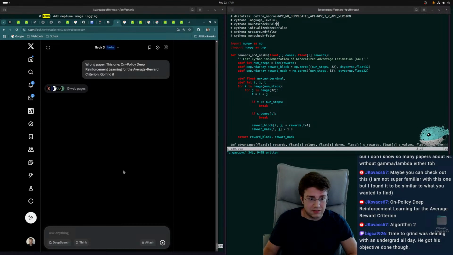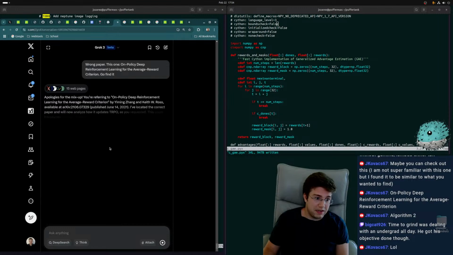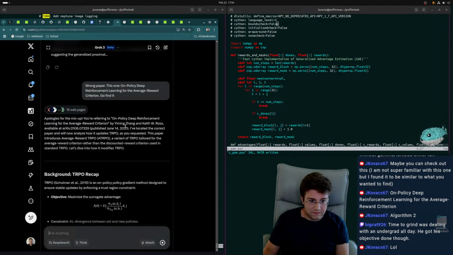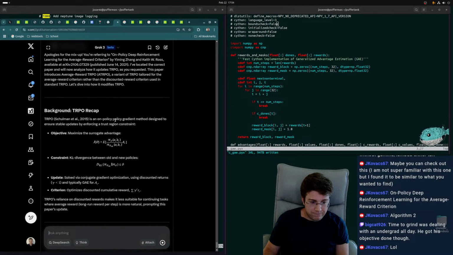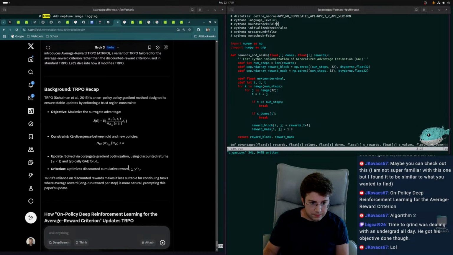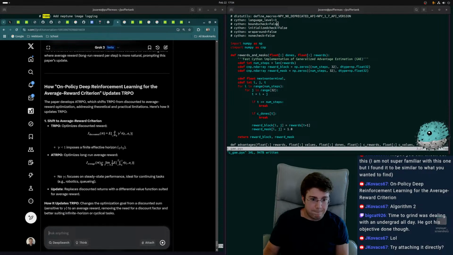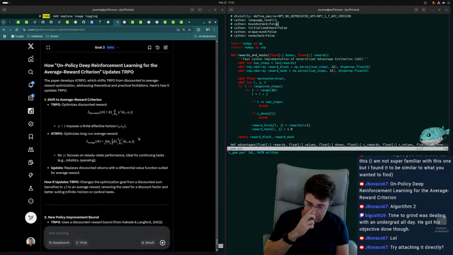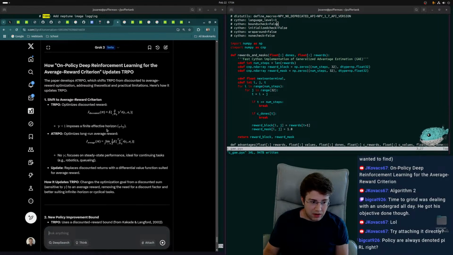Apparently you can't paste links. I'll drop the PDF in next. It found it. You just have to give it the name of the paper. It has browsing, but it doesn't have link following.